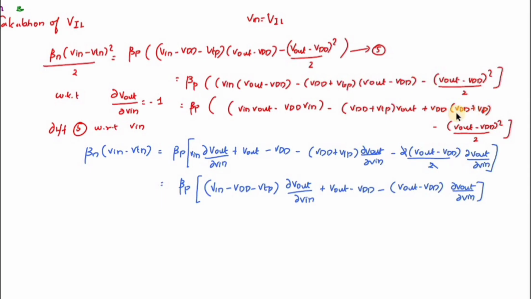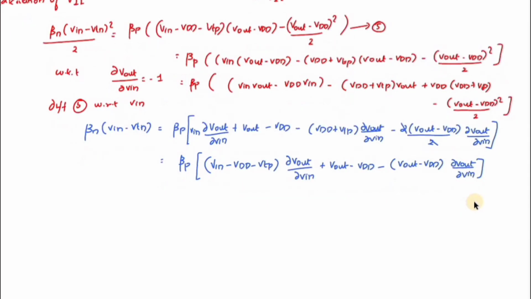Minus 2 into V out minus VDD divided by 2 into dou V out divided by dou V in. So that is equal to beta P. So dou V out by dou V in, I can write it as minus V in minus VDD. Otherwise, if I take dV out by dV in common, I will get beta P into dV out by dV in. I will get V in minus VDD minus VTP plus V out minus VDD minus V out minus VDD into dou V out divided by dou V in.